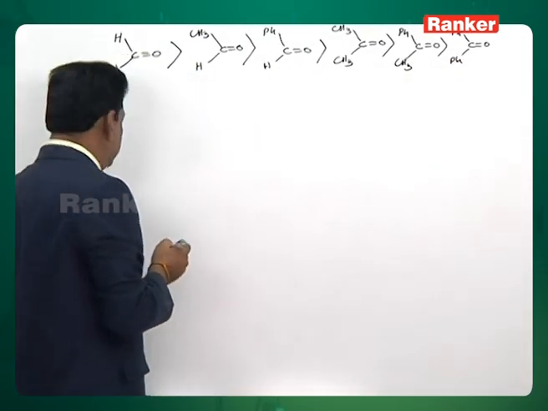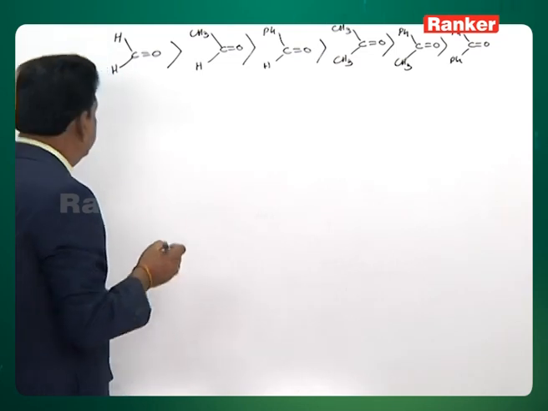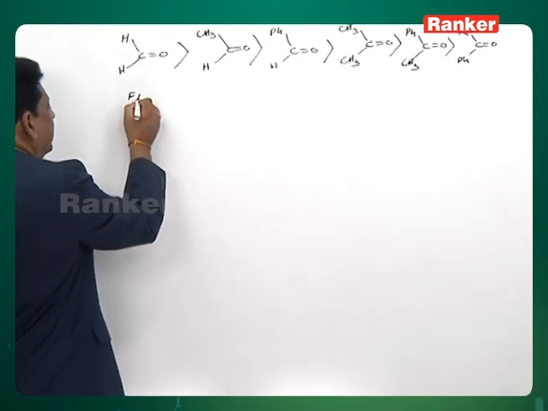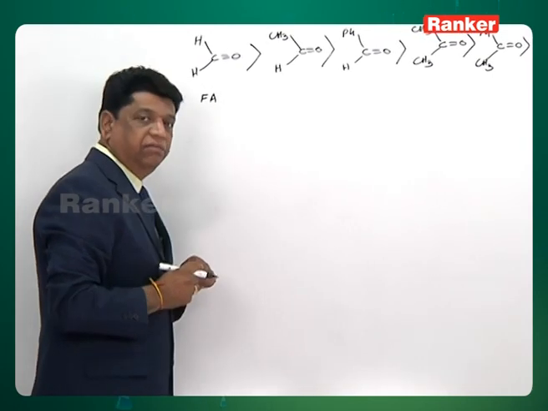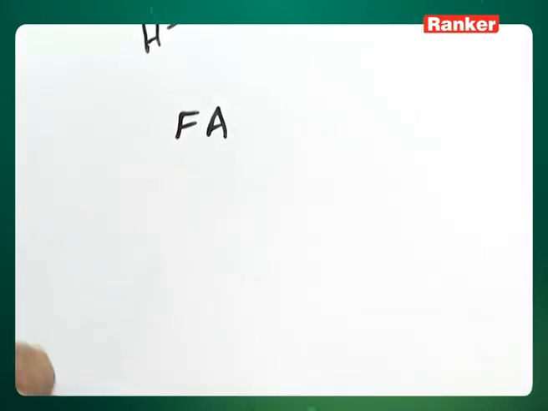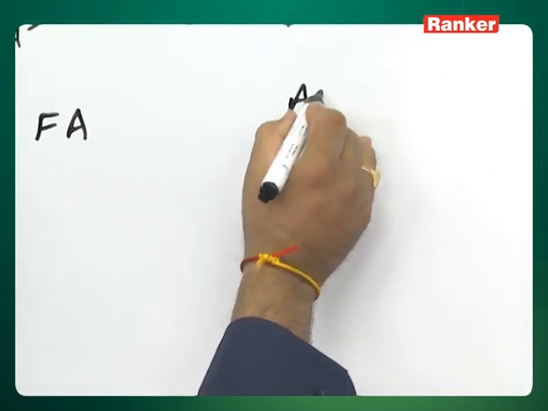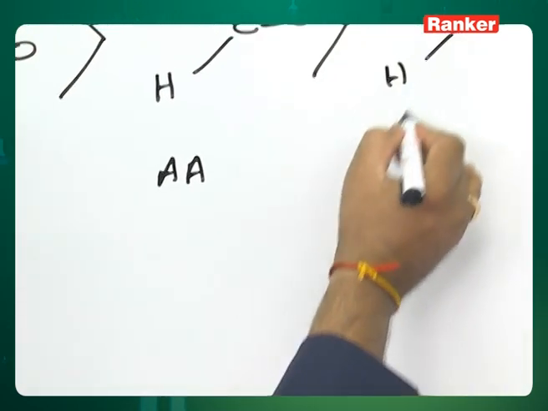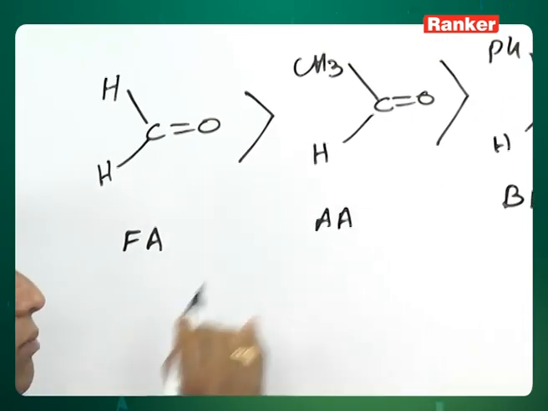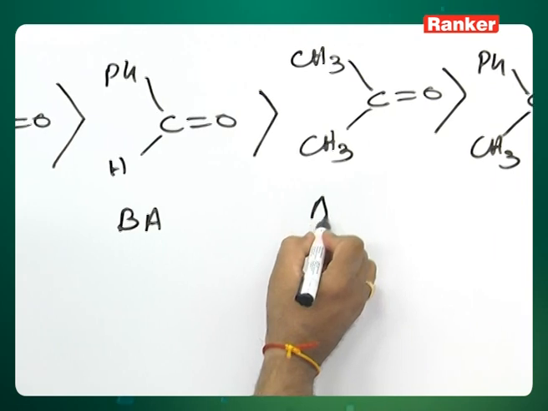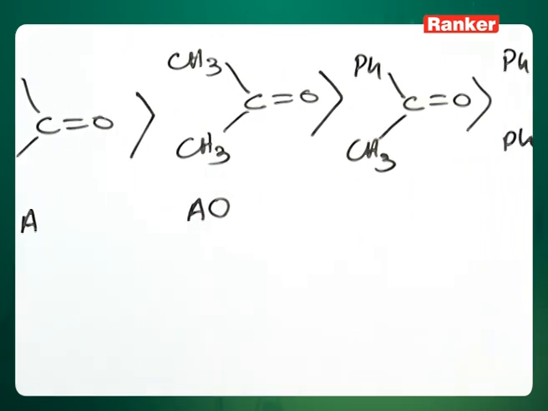So, let us call these compounds formaldehyde. I am abbreviating with FA, formaldehyde, acetaldehyde, benzaldehyde. These are all aldehydes. Let us call this acetone, AO.